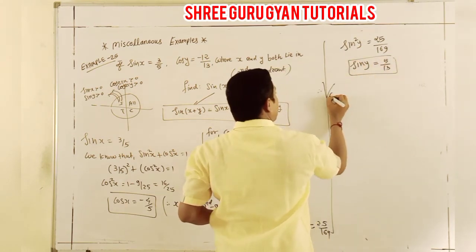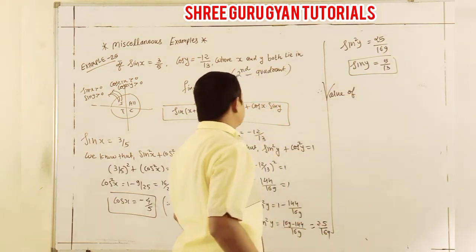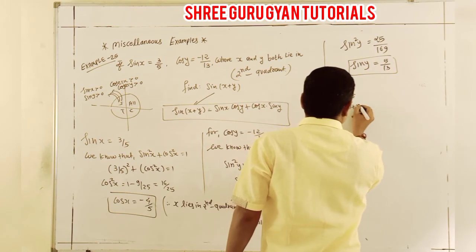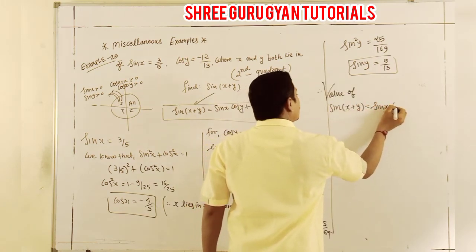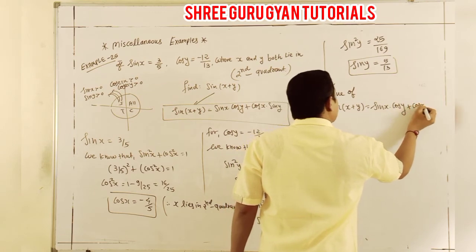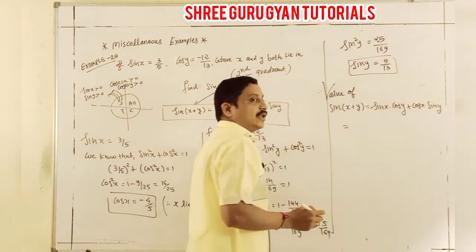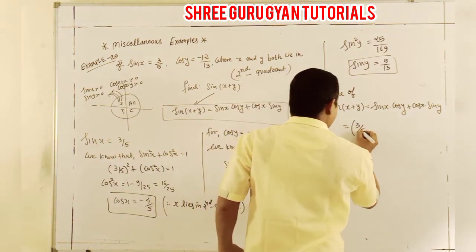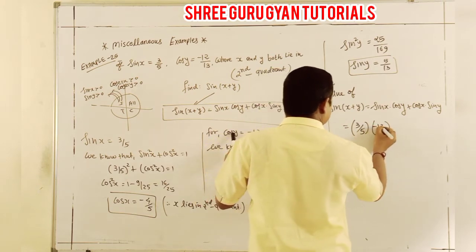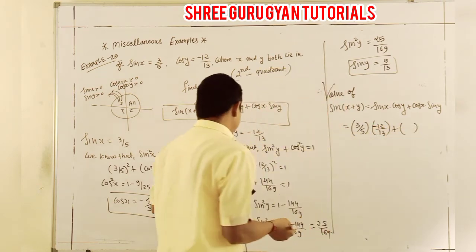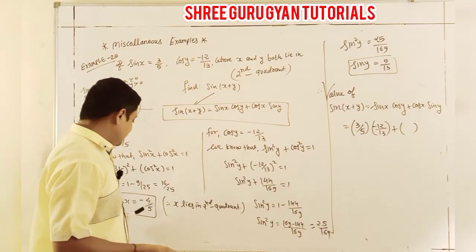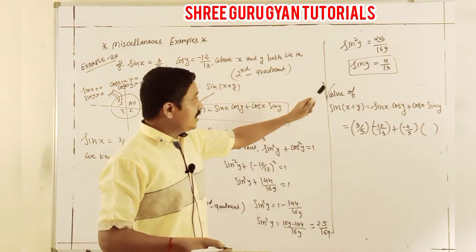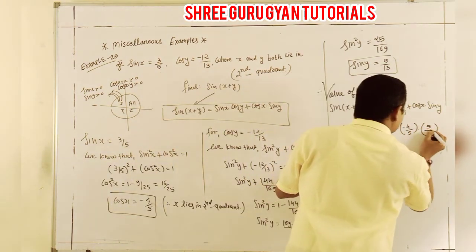Therefore, finally, the value of our final target, sin(x plus y), by the known formula, is sin x cos y plus cos x sin y. Now putting in the values: sin x is 3 by 5, cos y is minus 12 by 13, cos x is minus 4 by 5, and sin y is 5 by 13.